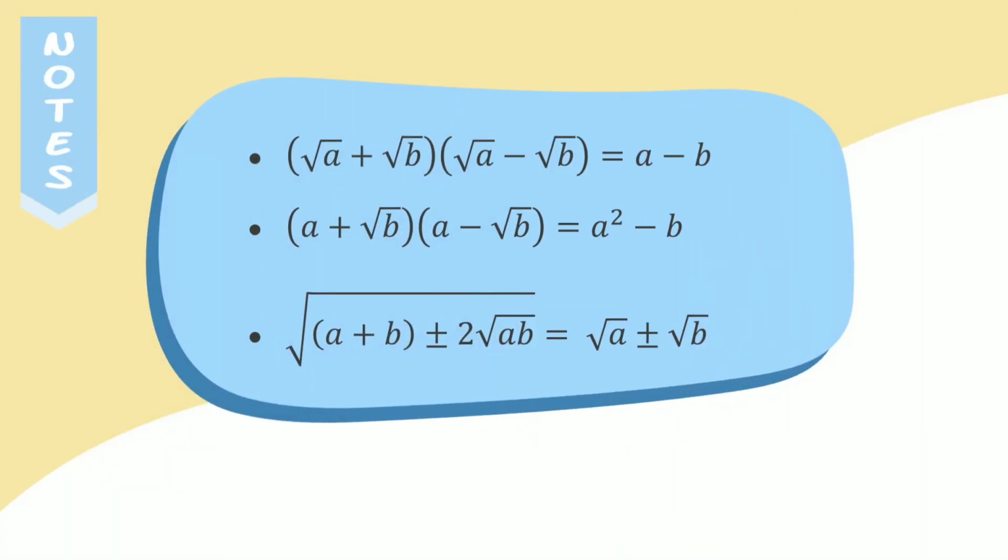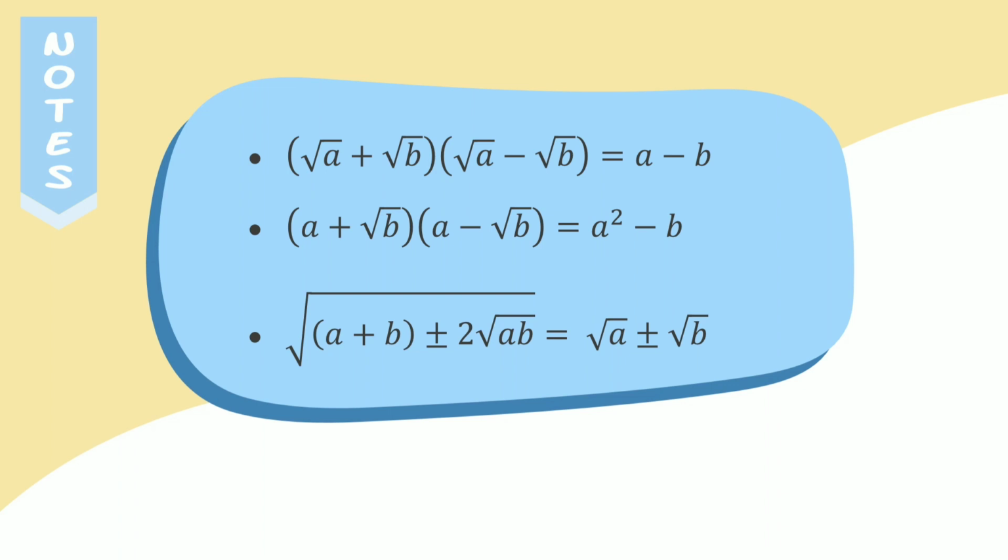For some notes, there are the square root of a plus the square root of b in brackets times the square root of a minus the square root of b in brackets is equal to a minus b.